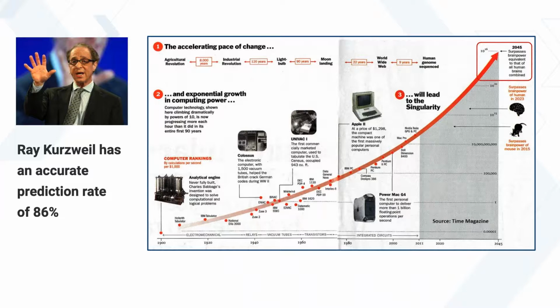Basically, he's quite a scientific, calculative inventor. And what he's done over the last 30 years is predicted future technologies. He's got an 86% success rate. So really worth looking into him. He's got some incredible predictions, and he's also invented some really great technology that's changed the world as we know it.